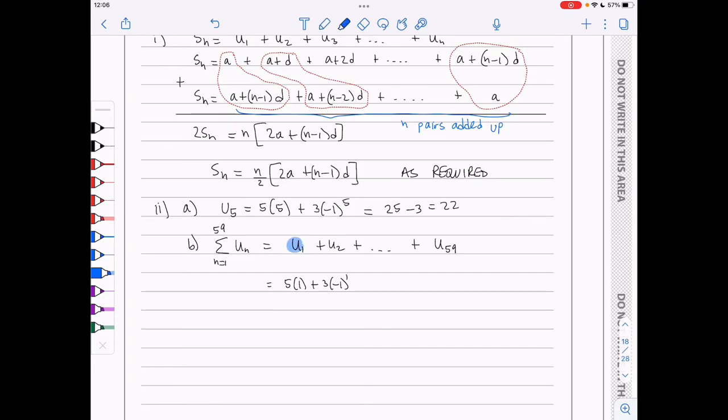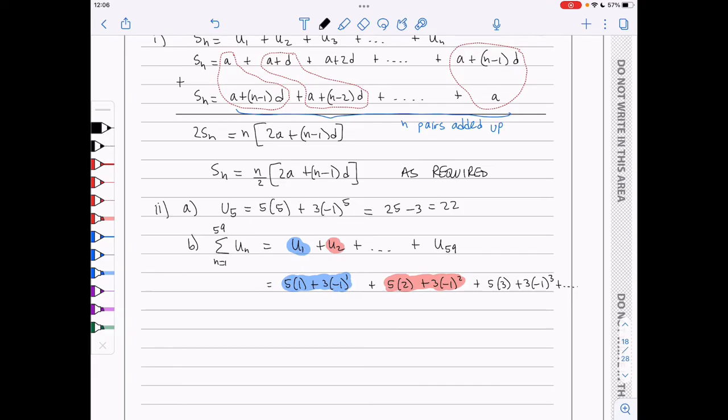So this is u1. For u2, it's going to be 5 times 2 plus 3 times minus 1 squared. And this pattern will continue up to the last term. So the next term will be 5 times 3 plus 3 times minus 1 cubed, plus dot dot dot.